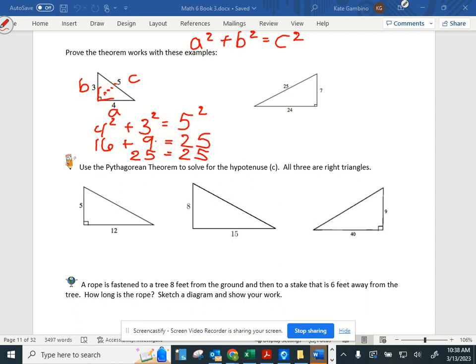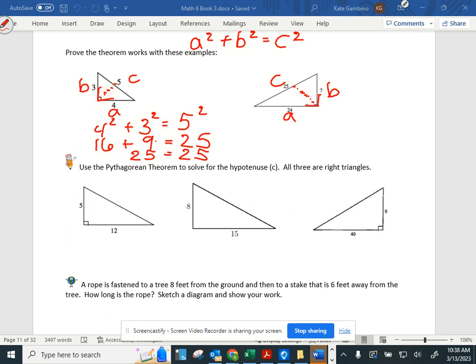That's crazy. No way. Let's check our next one. Shh. What should I call my A, James? 24. So if 24 is A, what is my B? 7. Ethan. 7. So what is C, Amelia? 25. 25. And we know that that C is always directly across from our right angle.